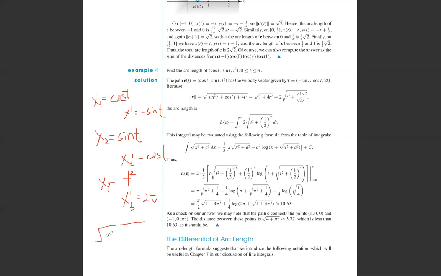So the square root of all this derivative square is equal to the square root of sine squared t plus cosine squared t plus 4t squared.